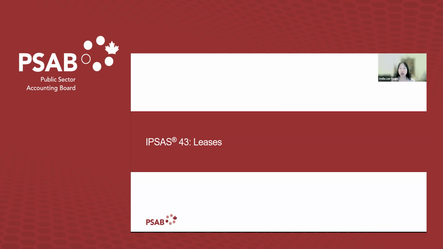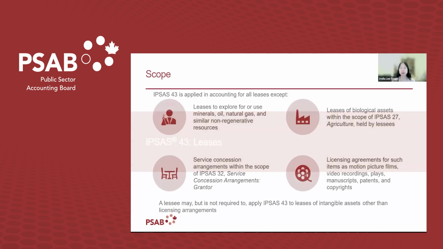IPSAS 43 introduces substantial changes for lessee accounting, and that means different requirements for entities that prepare their financial statements in accordance with IPSAS. IPSAS 43 Leases is essentially the public sector version of IFRS 16, the International Financial Reporting Standard that provides guidance on lease accounting for private sector entities.